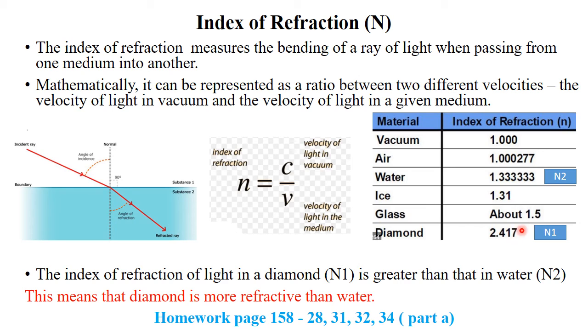Let's take, for example, these two: n1, which is the index of refraction of light in diamond, and n2, which is the index of refraction of light in water. And let's compare them. n1 is much greater than n2. This means that diamond is more refractive than water.